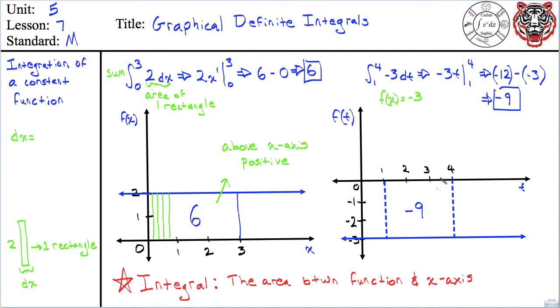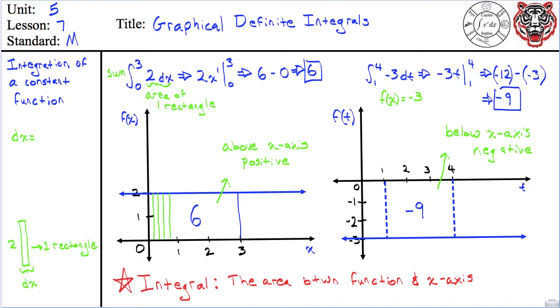We'll say this guy is below the x-axis, so it's negative. All right, perfect. And always be thinking, this is asking for the infinite number of rectangles, adding them up with a height and a width of dx to find what the area is.